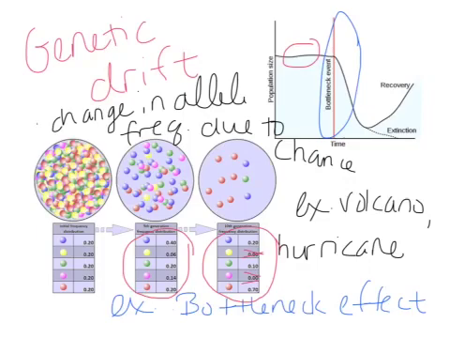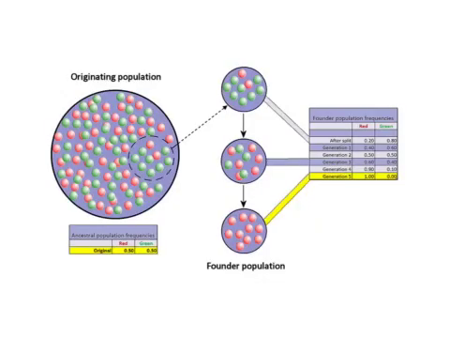It's going to be random who gets to survive and reproduce, and because that is random, that can have an impact on your allele frequency. There's no guarantee that you're going to have the exact same ratios that you had originally survive and then be able to reproduce.